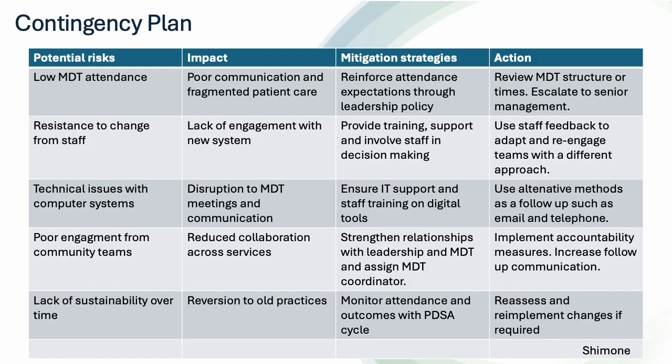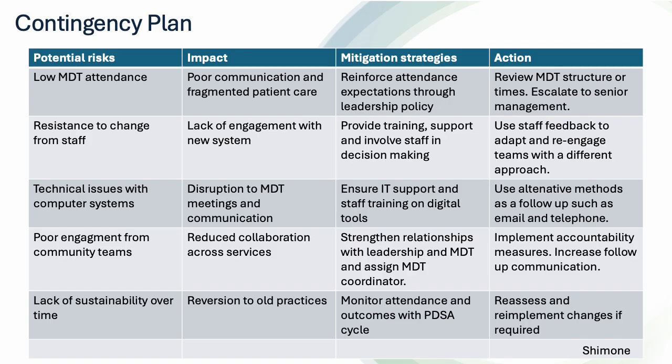For example, reinforcing attendance expectations through leadership, providing staff training, and guaranteeing access to IT support can help to reduce barriers to implementation. If these strategies are not effective, actions can be implemented such as escalating concerns to senior leadership, adapting the MDT format, or using alternative communication methods like telephone or secure messages.